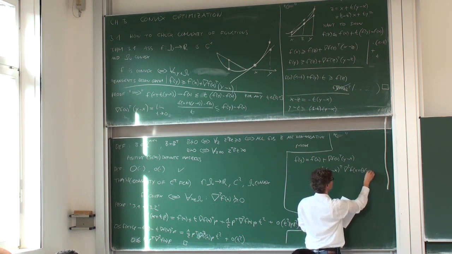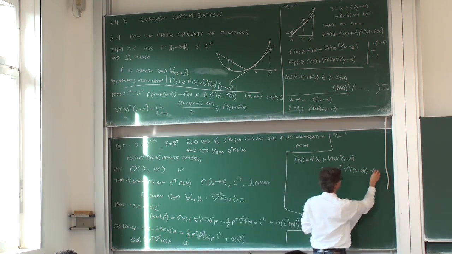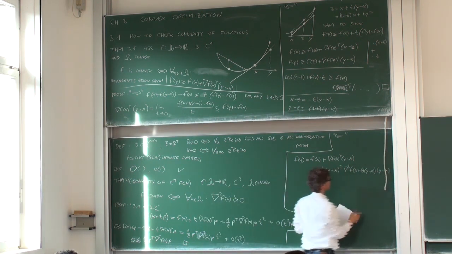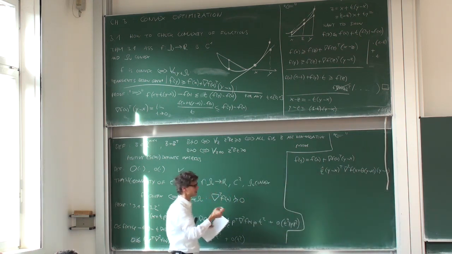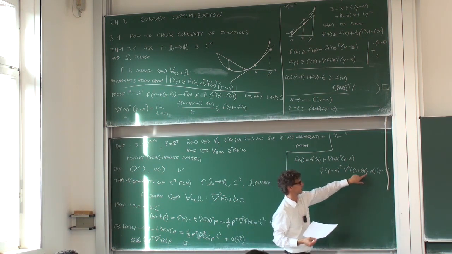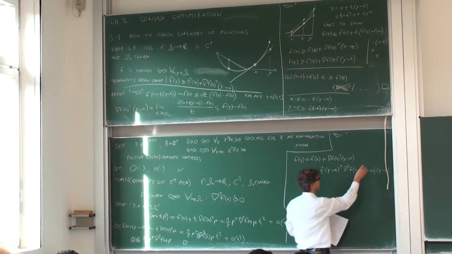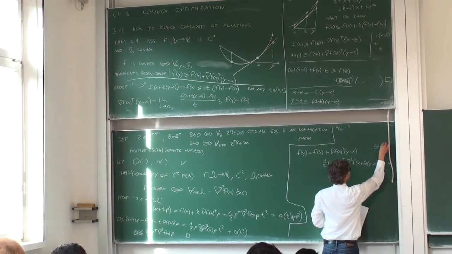I call this point theta. I don't care which theta it is actually, but there is one theta which I can evaluate on the line between the two, so that this holds with equality. Now this theta depends, of course, on y and x, but it exists, with theta an element of 0 and 1.